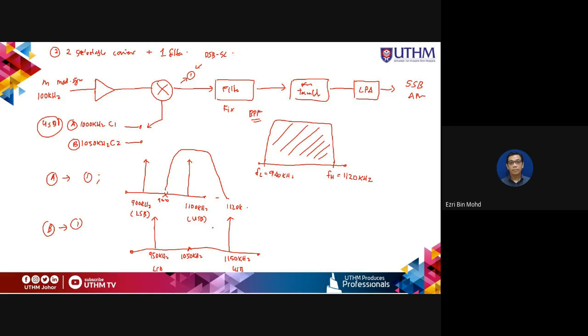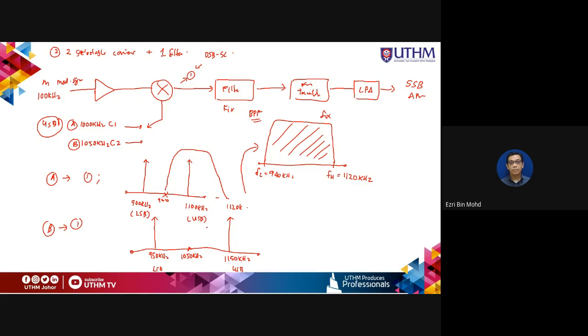So this signal goes to the band pass filter, which has a fixed specification here. So 940 kilohertz and 1124 kilohertz for lower cutoff and high cutoff.